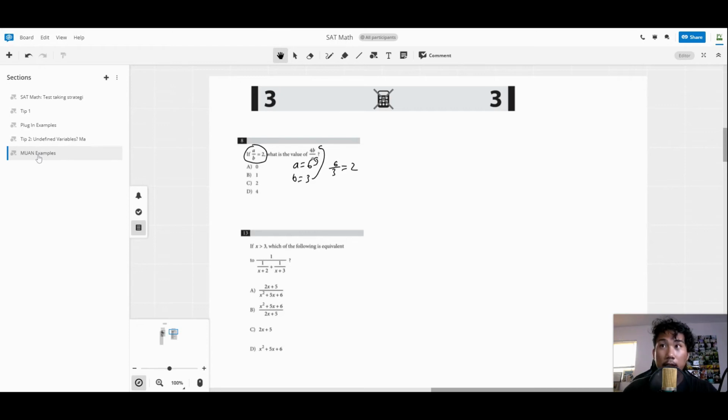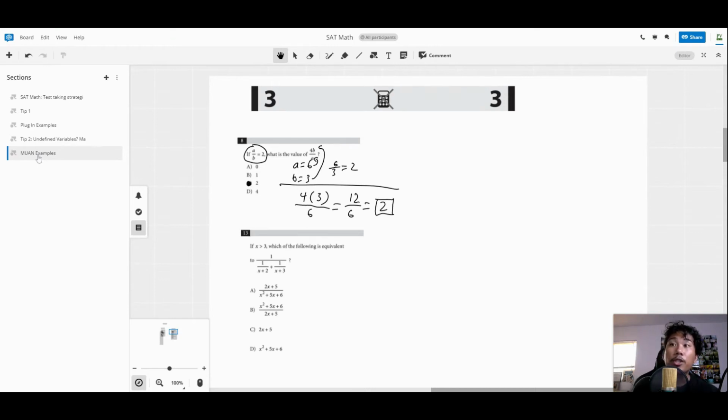And that'll give me 4 times 3 over 6, which is, let's draw a line here, 12 over 6, which is 2. And this is my final answer. So that is C.